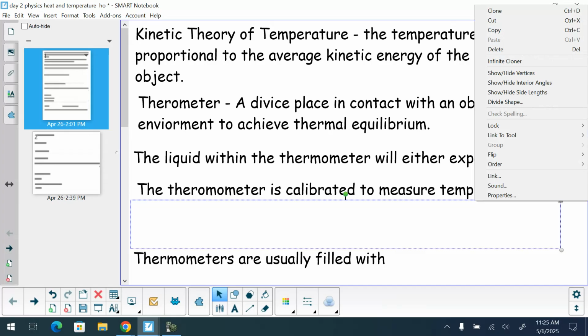Most old school thermometers have a red liquid in there, which is mercury. If you heat mercury, it will expand. If you cool mercury, it will contract. It will go up and down as a device, which is called a thermometer, and it will give you a temperature.